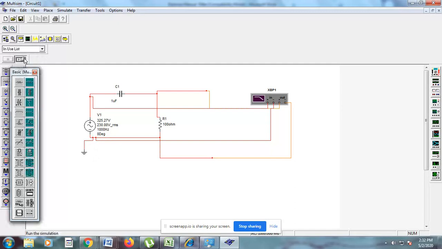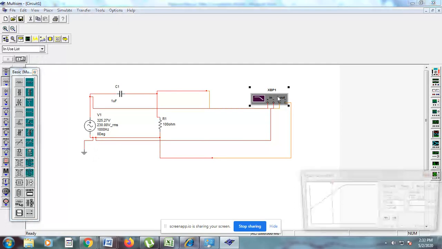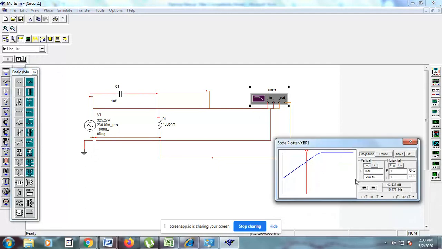Now we run the circuit and see the output. Okay, this is the high pass filter output. This section is called the cutoff frequency. Okay, this section is the stop band frequency, and this is the high pass section, which is passed by the high pass filter. Okay, this is the simulation diagram of the low pass filter and high pass filter circuit.